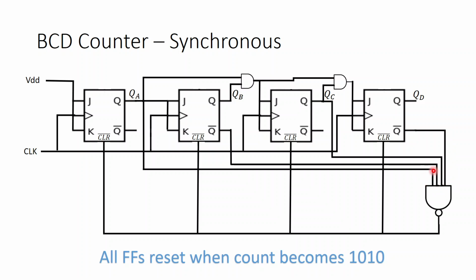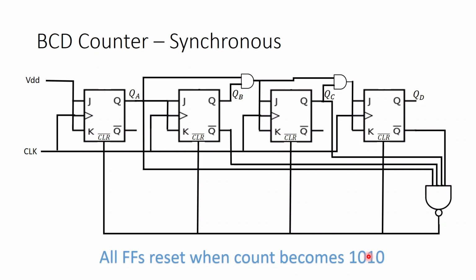So all the inputs are 1, and in any other count before 1010, all of the inputs will never become 1 at the same time. That means the NAND gate will send a 0 to the clear signals, which are active low, only when you have generated a 1010.